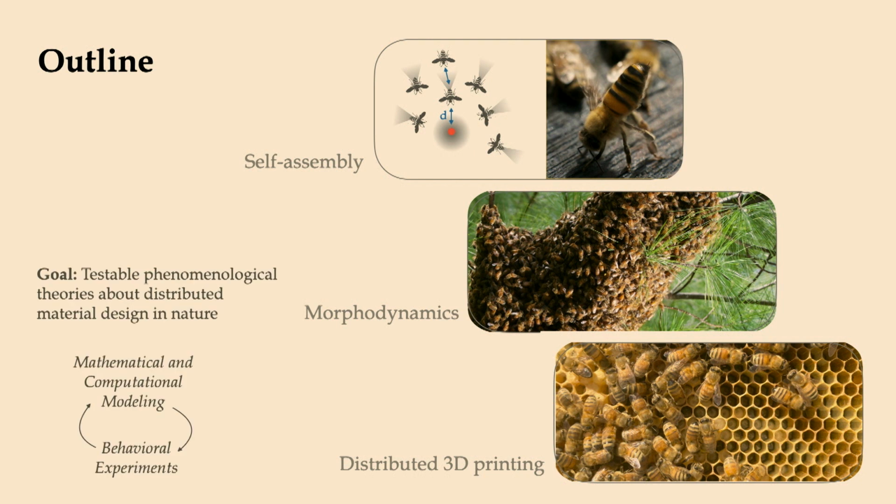More generally, the goal in my lab is to try to understand this biological behavior and identify the rules of behavior which these individuals follow in order to achieve mechanical stability, aggregation, distributed construction, and so on. We use behavioral experiments.